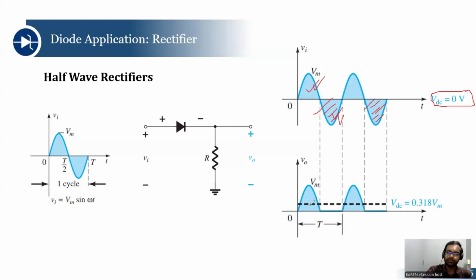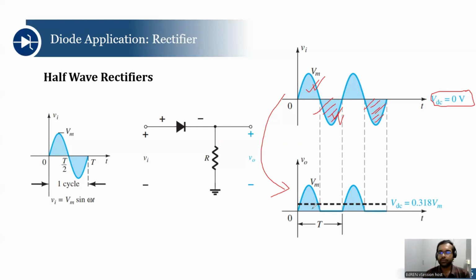So in this example, we can see that we are transforming this signal into only one directional signal where the negative cycle is absent. So this process is called the rectification process, where we make a two-directional signal, made with a voltage signal or the current signal, one directional.